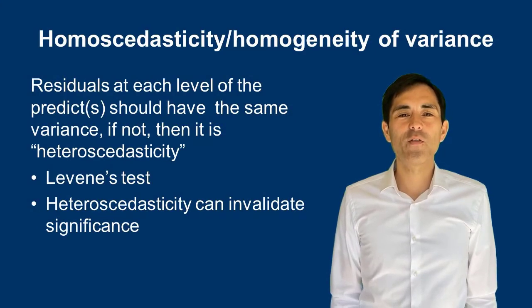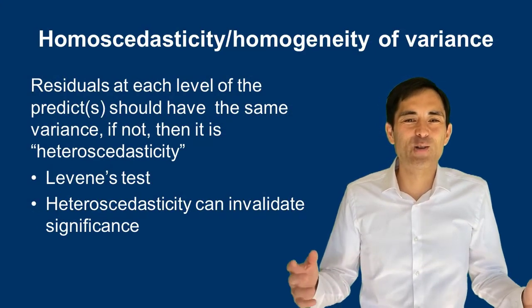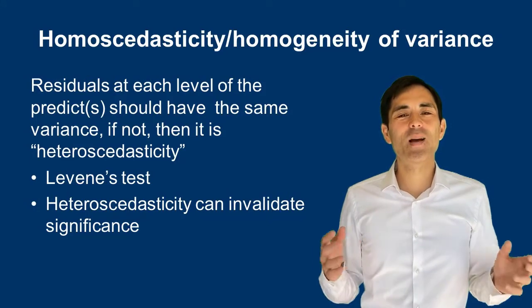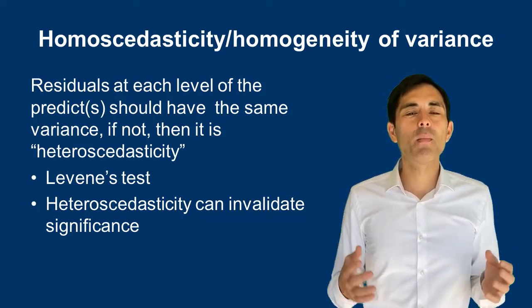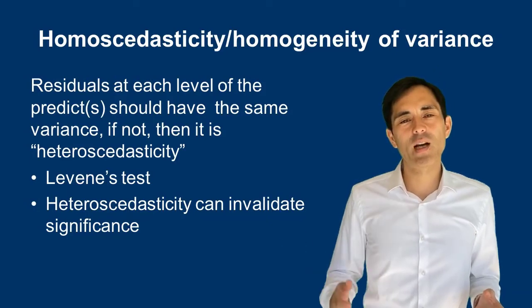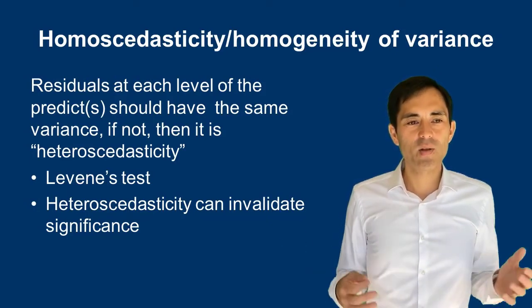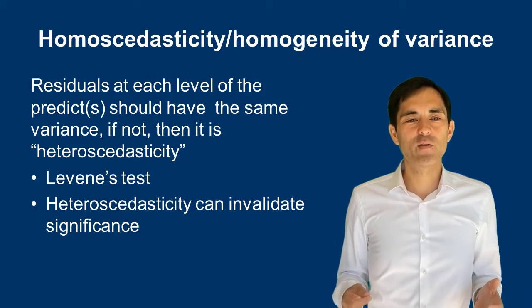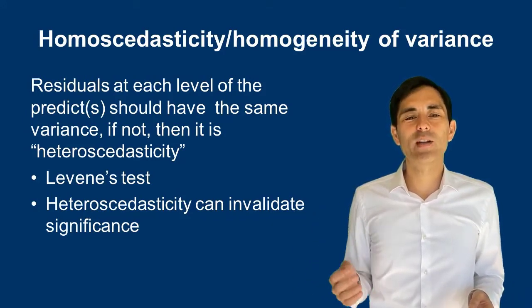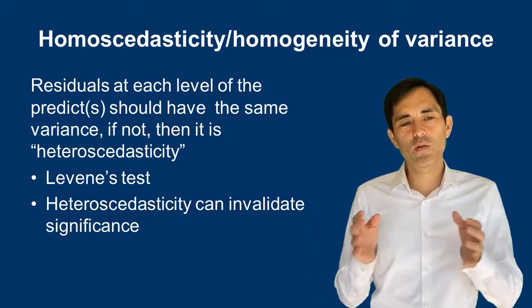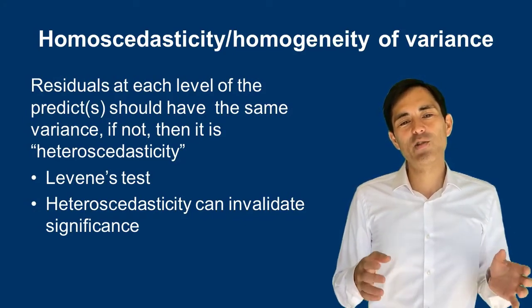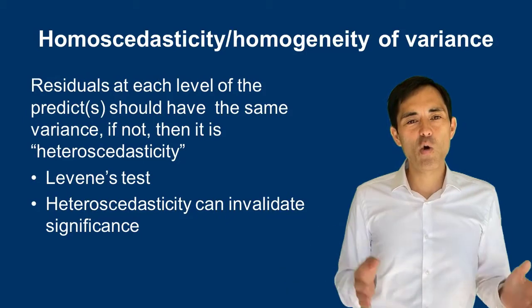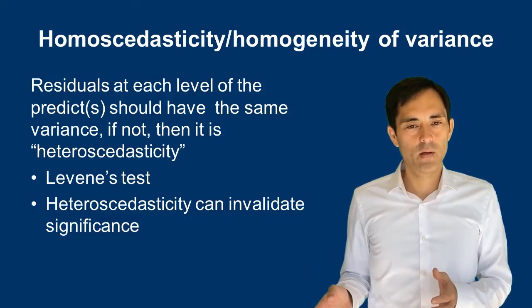Homoscedasticity and homogeneity of variance. My favorite tongue twisters. I think this assumption is particularly important for group comparisons, such as ANOVA, MANCOVA and so forth, but also for a couple of other tests. So it's about residuals at each level of the predictor should have the same variance, in particular if you compare different groups. If not, then it is heteroscedasticity, or no homogeneity of variance.